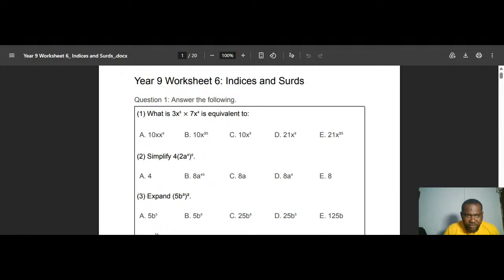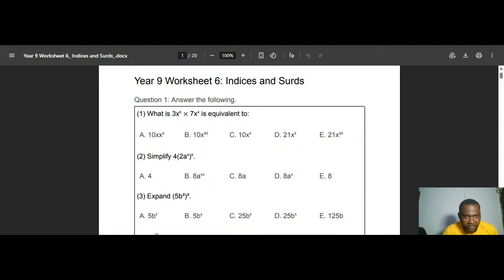For a start, I'd like you guys to do number one, number two, number three, and post your answers down there. Once you get your answer, you quickly send it there.